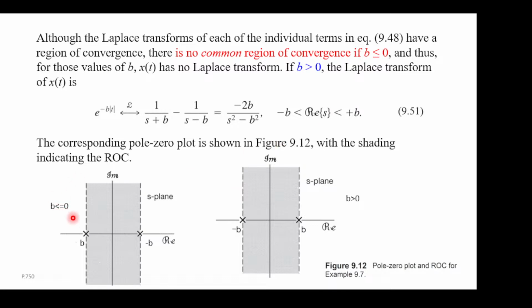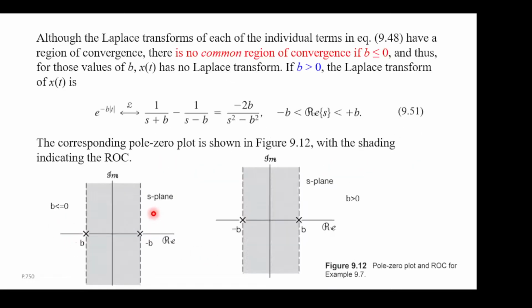And then if you have b less than or equal to 0, the picture is actually quite wrong, because it was copy-pasted here, so we should not have any ROC. Imagine this is empty here. For b less than 0, the negative b is actually bigger than positive b.